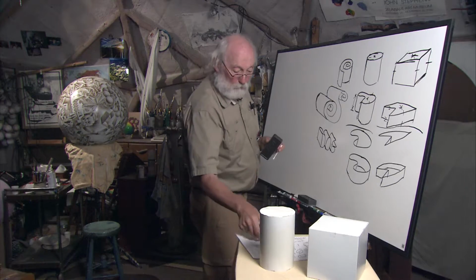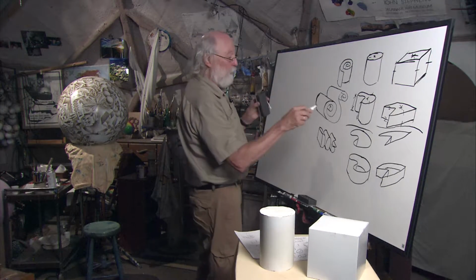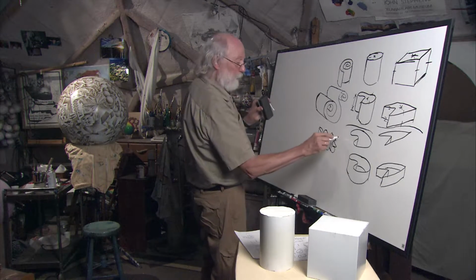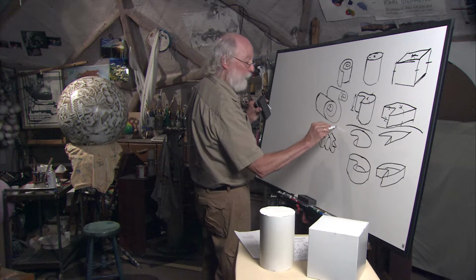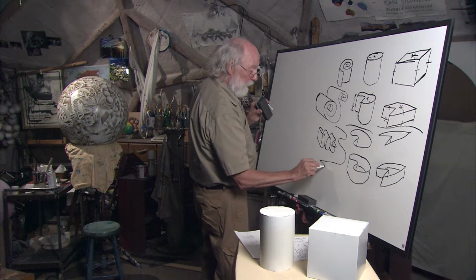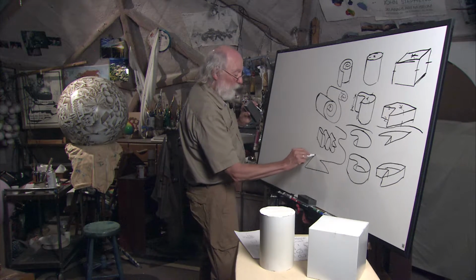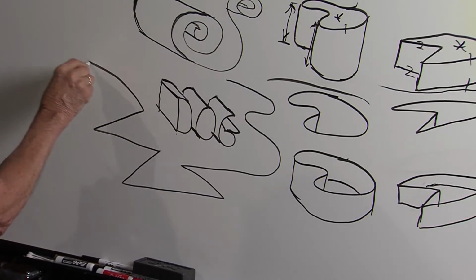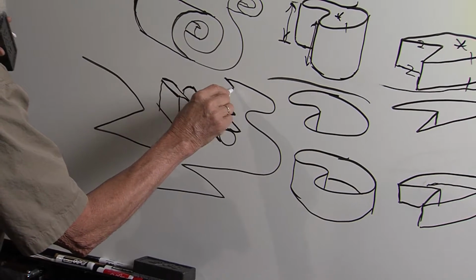Okay, let's see what else is kind of fun. Walls. Walls are neat. Well, all walls are is double lines. So I'm going to start a thing that's cylindrical over here and cubical over here. And I'm going to double the line.